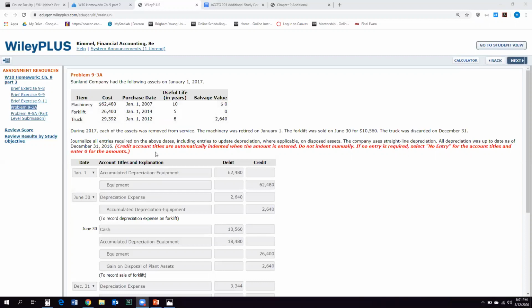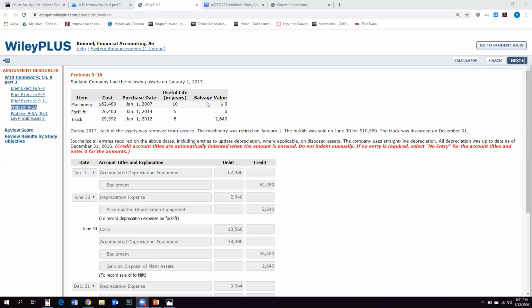So when the asset is fully depreciated and it has $0 in salvage value, that means that the cost account, or the asset account, equipment, is going to be equal to the accumulated depreciation account for the equipment, right? Because we've now claimed as an expense through depreciation the whole cost of the asset over its life.